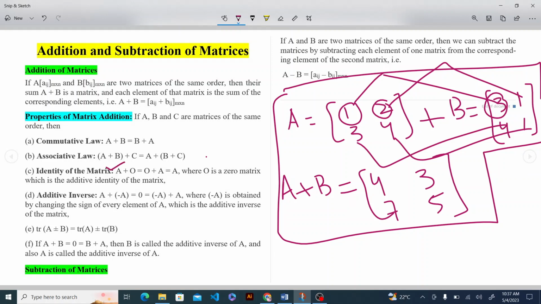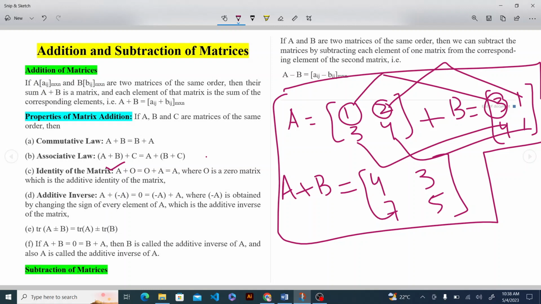This property says that if we add a null matrix to a matrix A, then the answer will be A, where O is a zero matrix, which is the additive identity of the matrix.